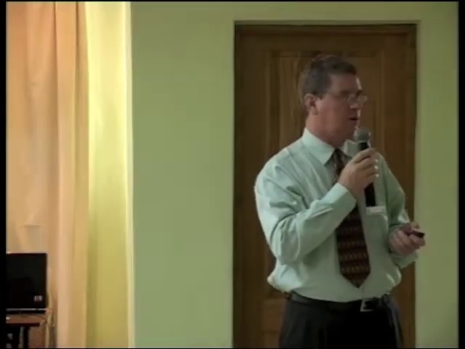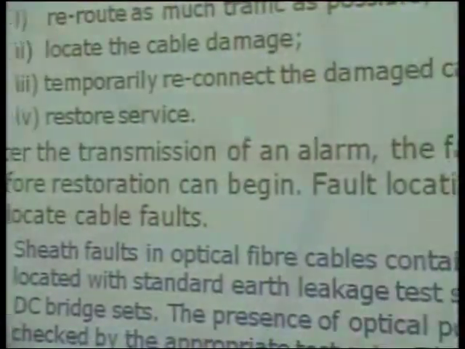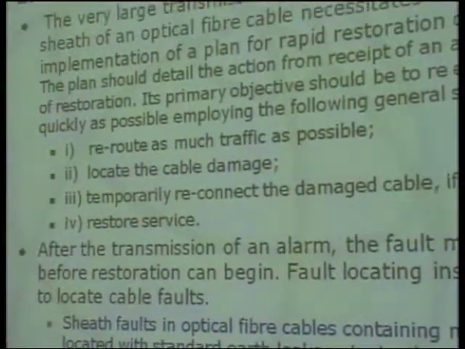After the transmission of an alarm, the fault must be located before restoration can begin. One of the methods mentioned before, the OTDR, is very useful in this case, and this could be considered as a fault locating instrument. The main one is the OTDR. When we have some faults in optical cable, if it contains metallic pairs, there is another kind of test that could be done.